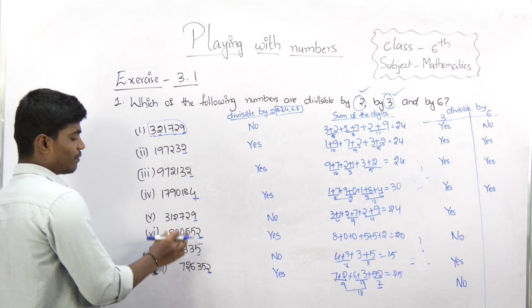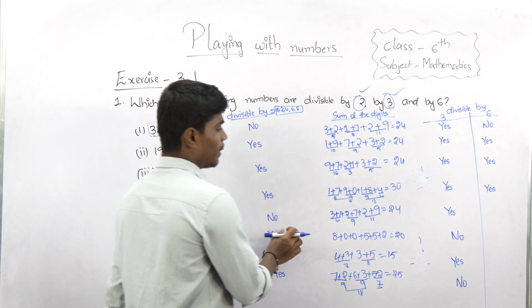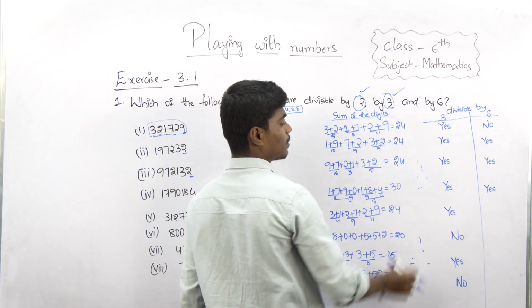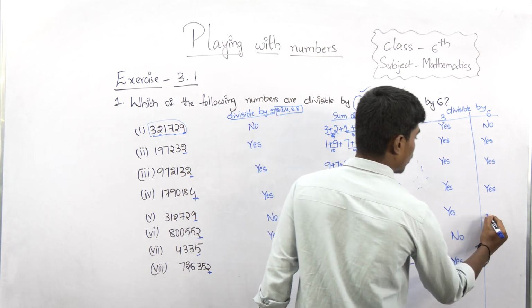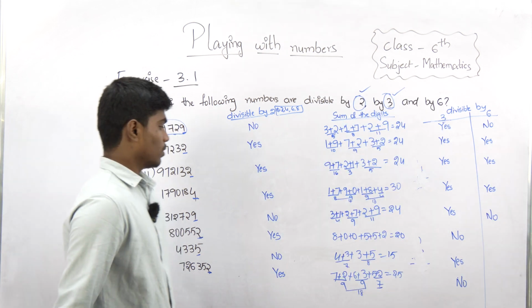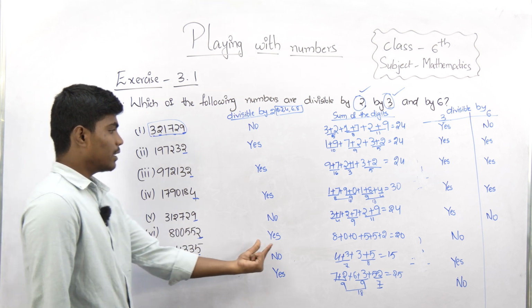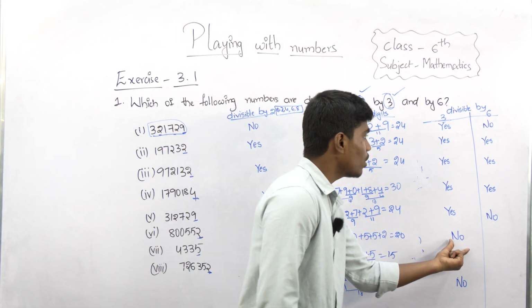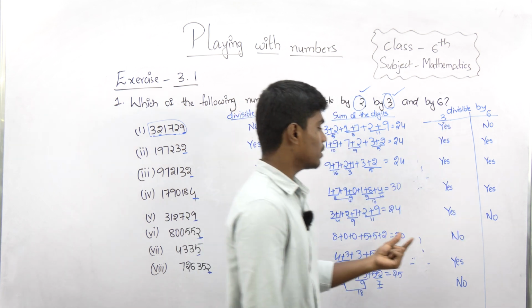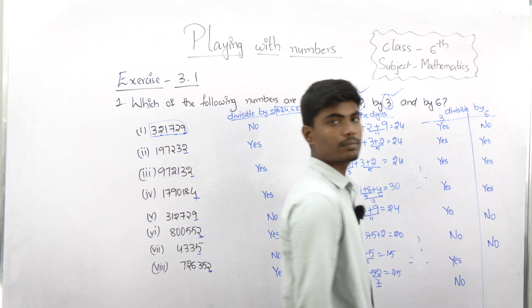Coming to the fifth one, this number is not divisible by 2 but divisible by 3. Here the number is not divisible by 2, so this is also not divisible by 6. Coming to the sixth one, this number is divisible by 2 but not divisible by 3. So this number is not divisible by 6.